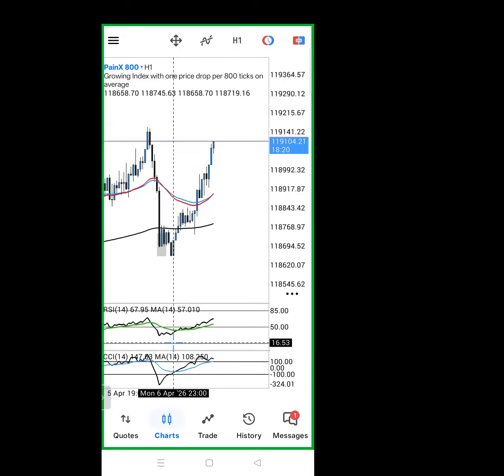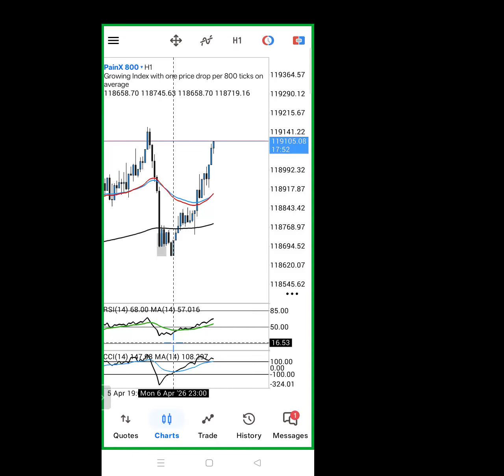Now, divergence is when the market is going in a buy direction, meanwhile the oscillator is going the other way. Let me put it this way. If the main chart is doing higher high and higher low, the oscillator is doing lower low and lower high.